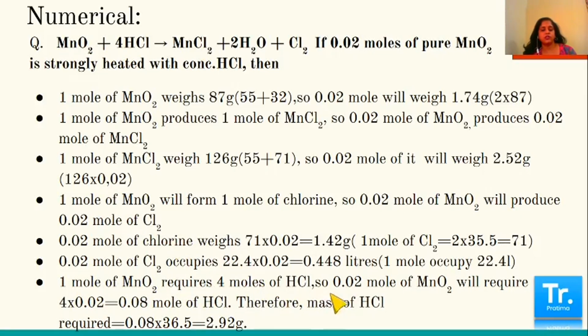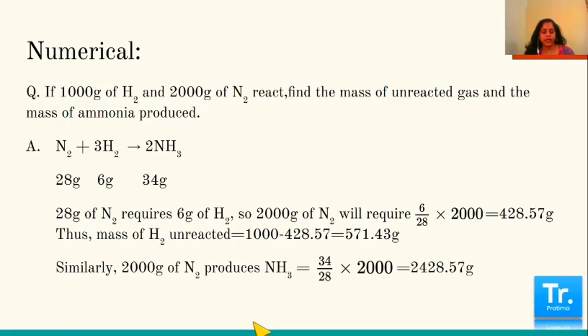So 0.02 mole will require how much of acid? 0.08. Therefore the mass of HCl is 0.08 into 36.5. Okay, this is a relation. Very interesting question and simple also. Please try to solve it. This will help you. Okay, next question.